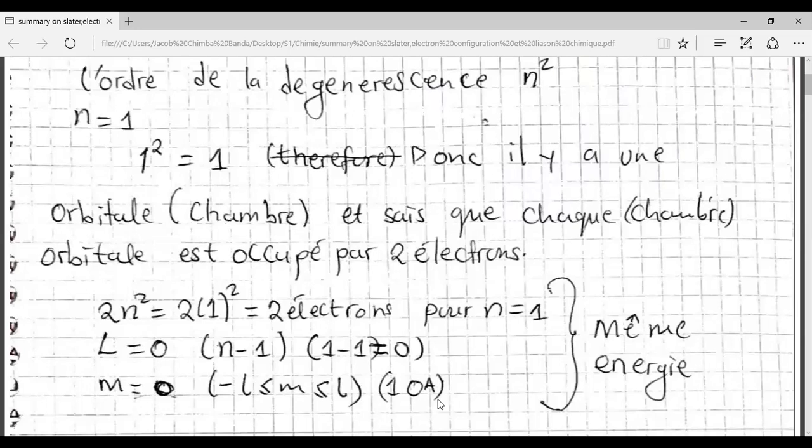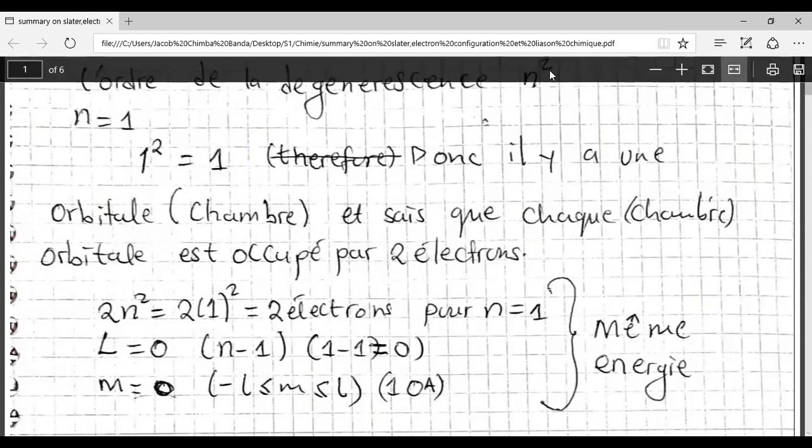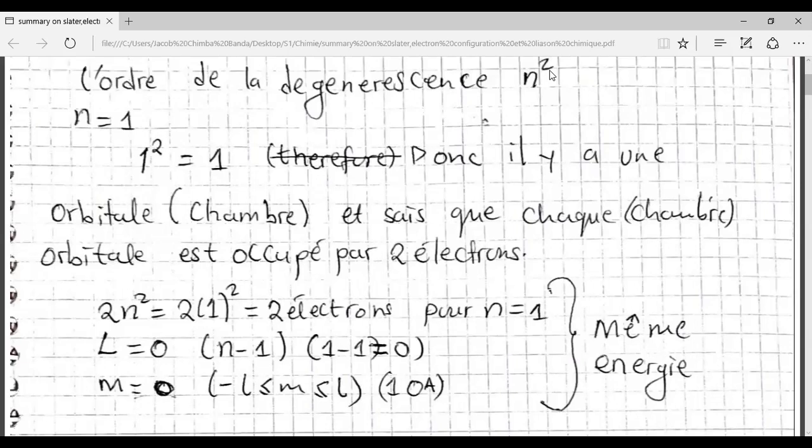So that's why they say that in a hydrogen and hydrogenide, the energy depends on n, which is the shell, but it doesn't depend on L and M because it only has one orbital.